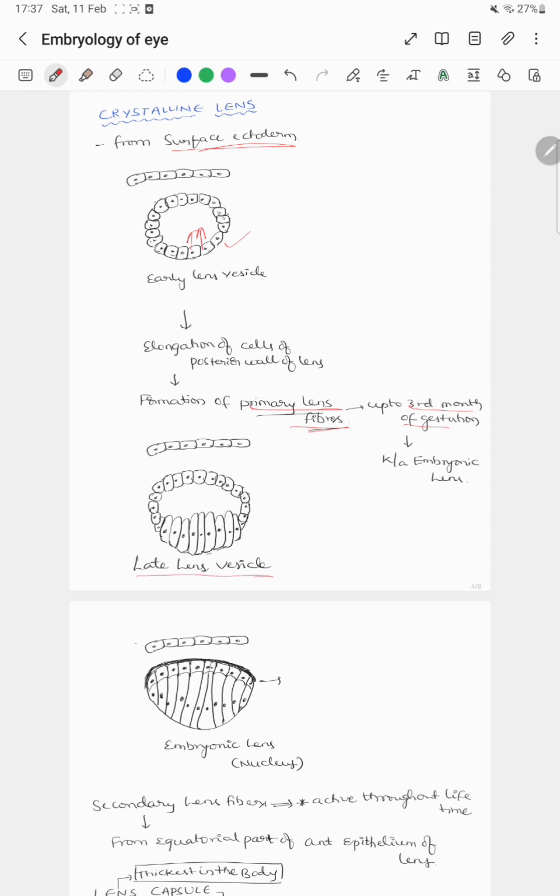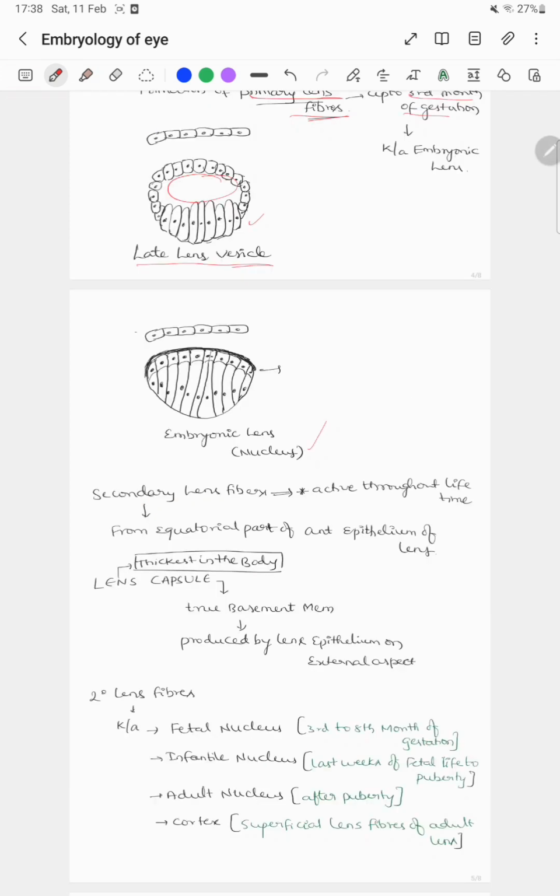Here is the late lens vesicle with elongated posterior epithelial cells. The space in the lens vesicle is obliterated, and there is formation of the embryonic lens, also known as the nucleus. Secondary lens fibers are formed from the equatorial part of the anterior epithelium of the lens, and there is active proliferation of these secondary lens fibers throughout the lifetime of a person.